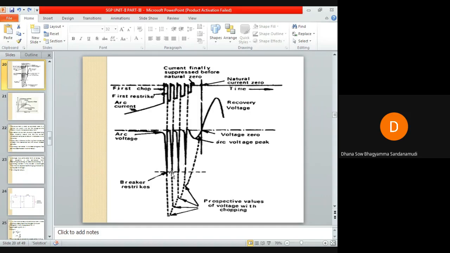Now again, due to this prospective voltage, the arc will appear across the circuit breaker contacts. Arc current will again be there. You can see the third time, the arc current has appeared again, and the magnitude of this current will be less than the previous one.